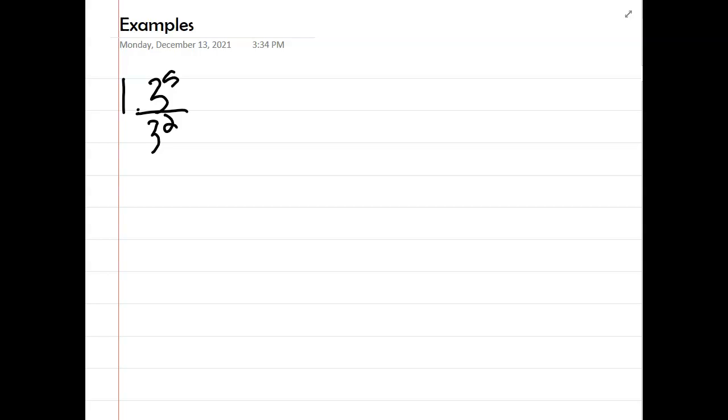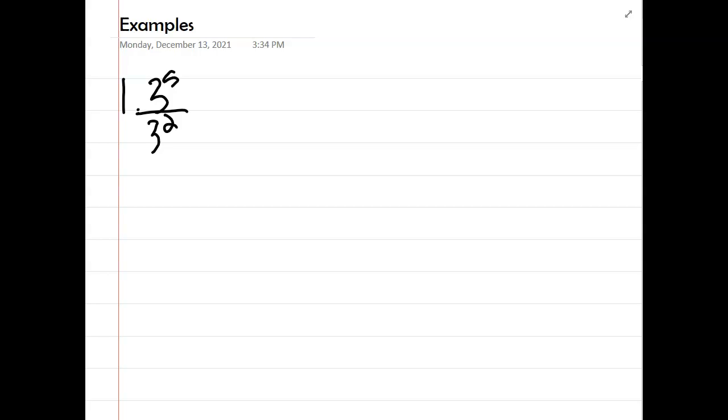But for the first couple, I'd like to just remind you why the rule works, because that's going to be really helpful. 3 to the 5th is 3 times 3 times 3 times 3 times 3. There's 5 3's being multiplied in the numerator. 3 squared in the denominator is 3 times 3. If you have 3's in the numerator and 3's in the denominator, they're going to cancel out, right?